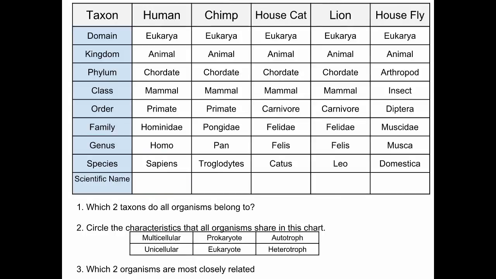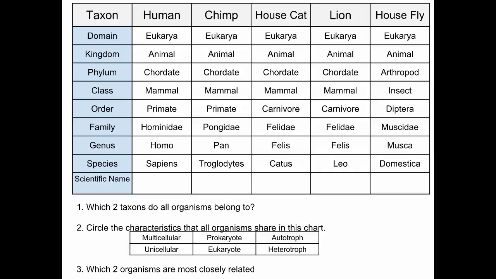So here we have our groups of classification, domain, kingdom, all the way down to species. And I showed you in this table where a human, a chimp, a cat, a lion, and a fly are. First of all, these things are in one domain, eukarya.